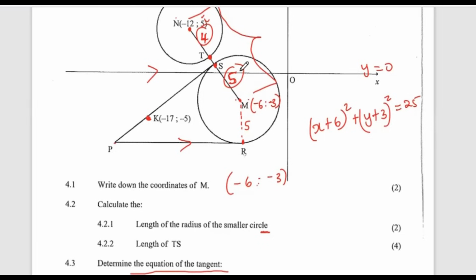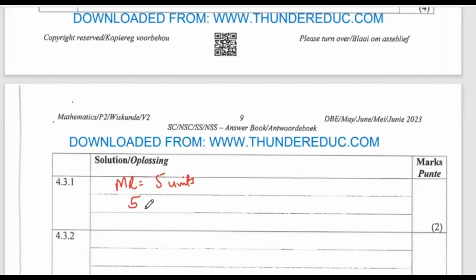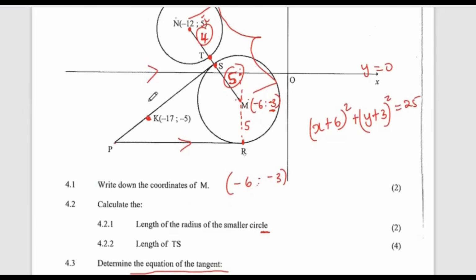And for me to get the total distance from the x-axis to R, I'm just gonna take this negative 3 and 5. So if I have my 5 minus 3, that's gonna give me 8 units, which means from here up to R, those are 8 units.